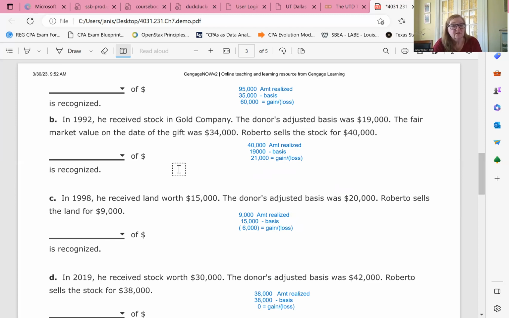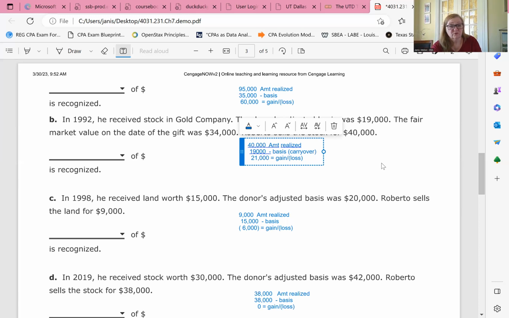So our basis is the same as in the hands of the donor, and that means our basis is $19,000. So if we're selling it for $40,000 and our basis is the carryover basis of $19,000, we just have a $21,000 taxable gain. So that's what they wanted, $21,000.